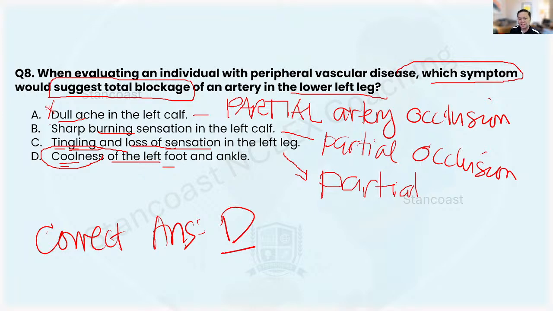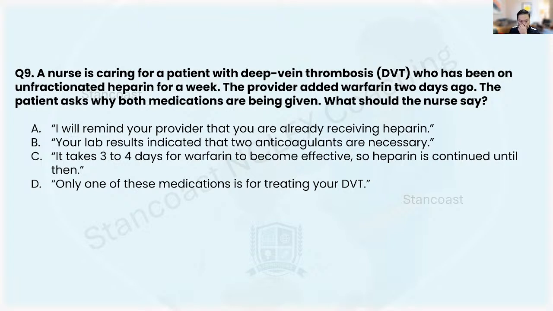All right, moving on to the next, guys. Number 9, a nurse is caring for a patient with DVT who has been on unfractionated heparin for a week. The provider added warfarin 2 days ago, and the patient asks why both medications are being given. What should the nurse say?